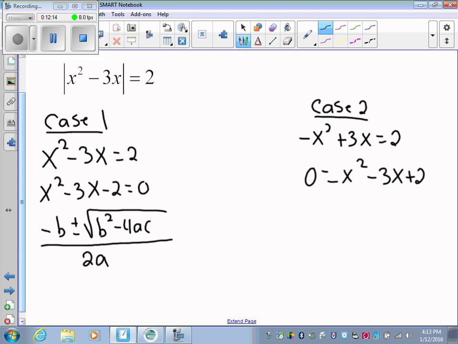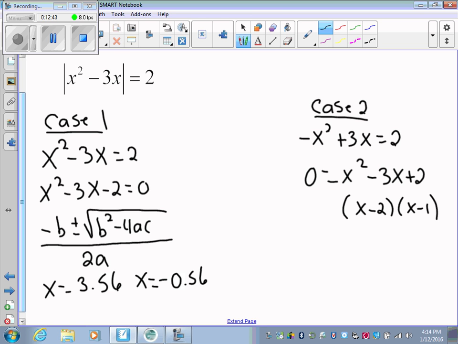You can leave it in exact form, or you can get the answers to be x is equal to 3.56 and x is equal to negative 0.56. Over here, this one is factorable. x minus 2, x minus 1. So you get two values.